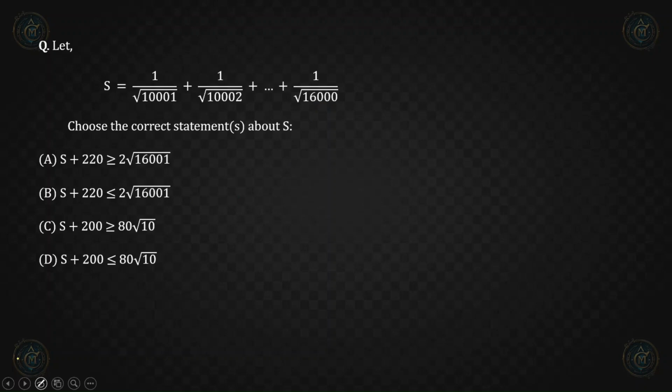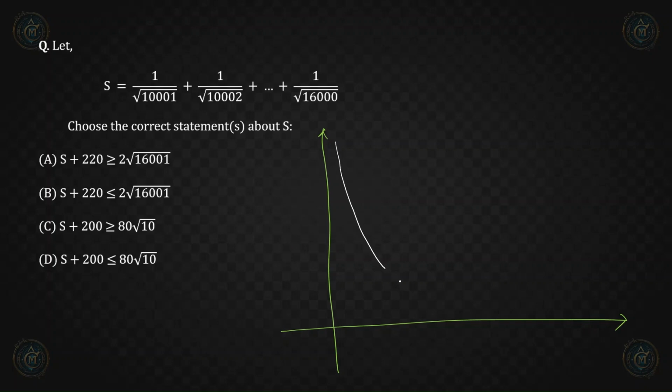So let us try this. The obvious thing we can do here is draw the graph of y equal to 1 by root x, because these are of the form 1 by root something. So the graph of 1 by root x looks something like this.